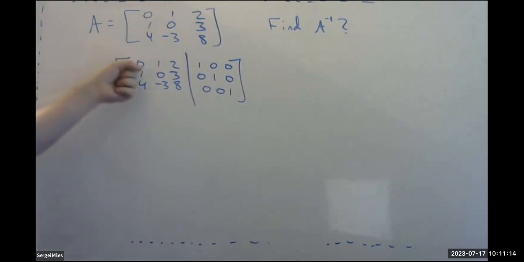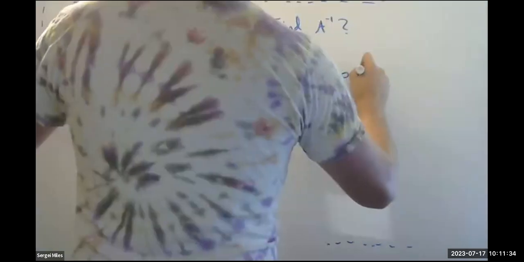In that case, I need to start by getting a pivot in the top left. I need to swap row 1 and row 2. So I swap, but I'm swapping the entire row, including the right side.